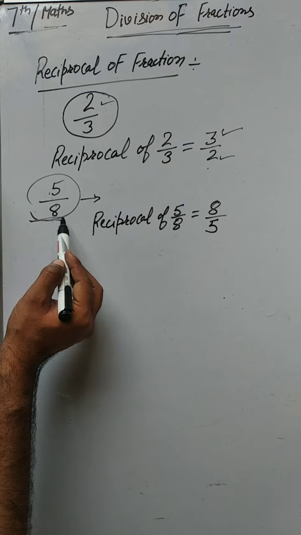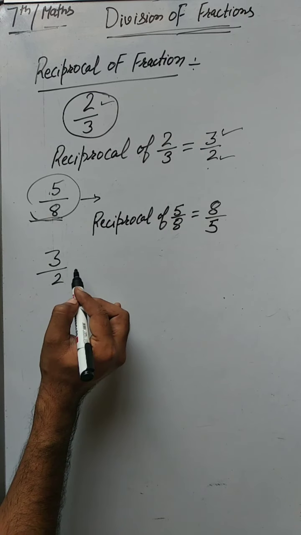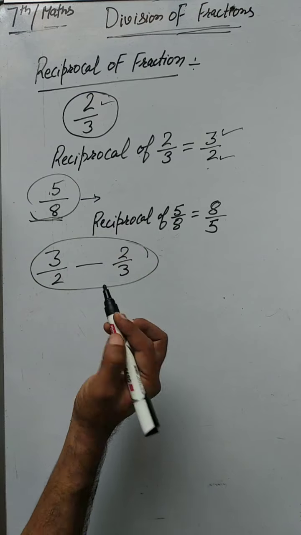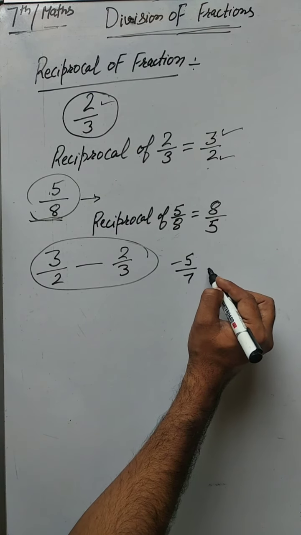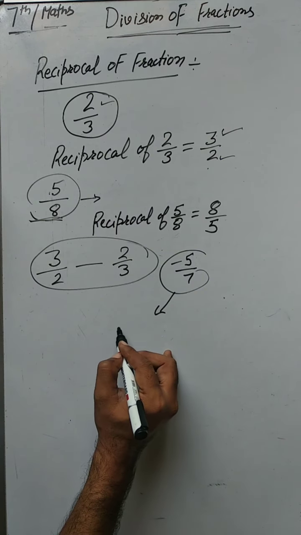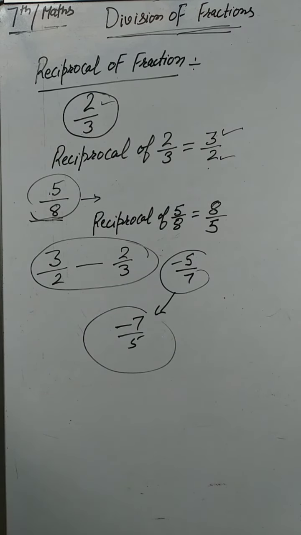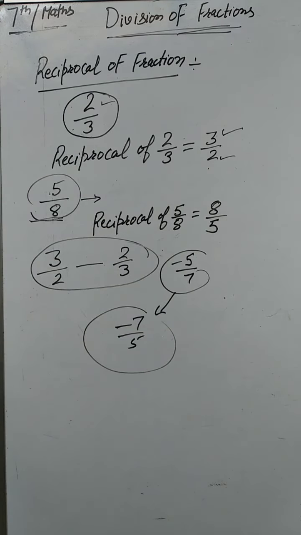If here it is 3 upon 2, then its reciprocal will be 2 upon 3. If here it is minus 5 upon 7, then its reciprocal will be 7 upon minus 5. Means simply in the reciprocal, you have to convert the denominator of the fraction into numerator and the numerator will be changed into denominator.